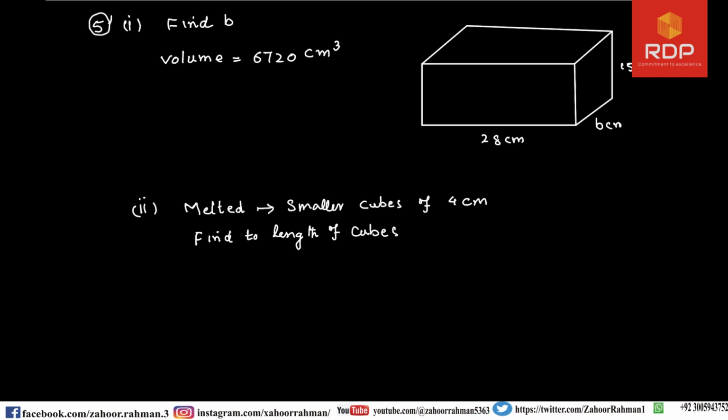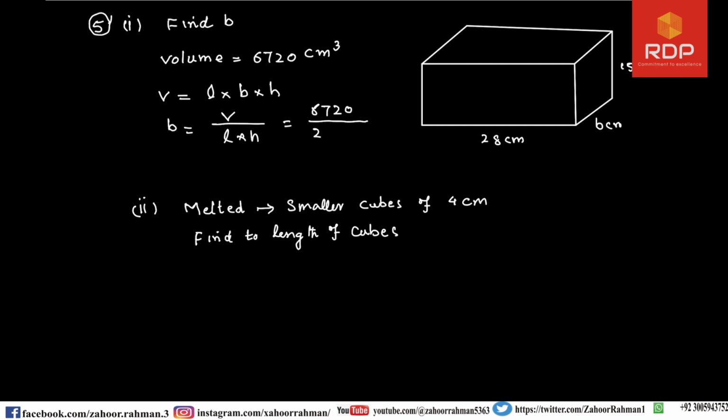So in the similar fashion we can write V is equal to L cross B cross H. Because we are finding breadth, we will use L cross H, and we have to put the values inside this, which is 6,720.